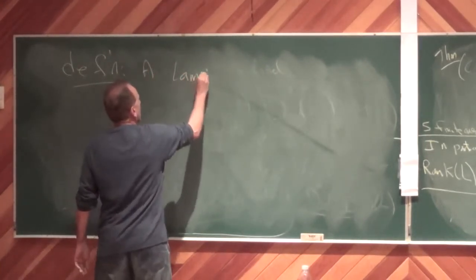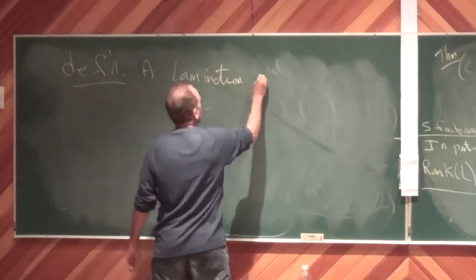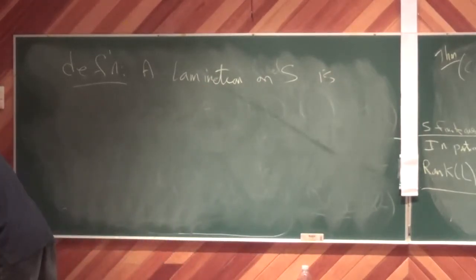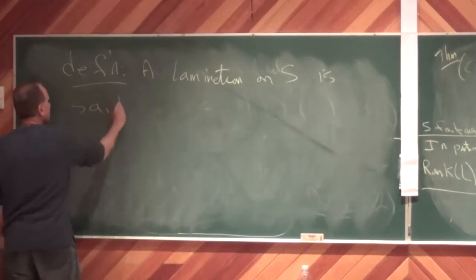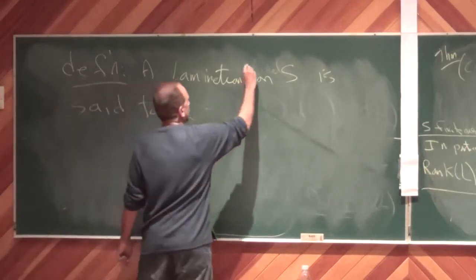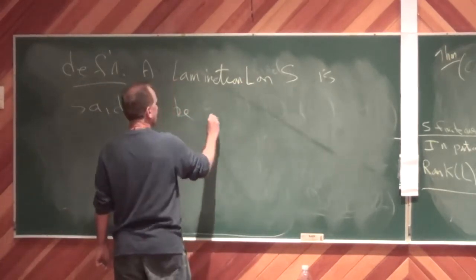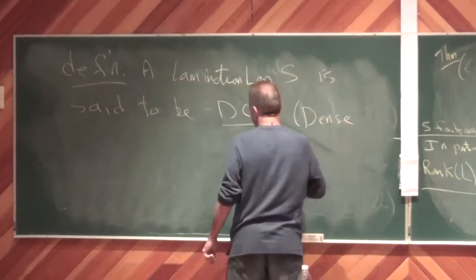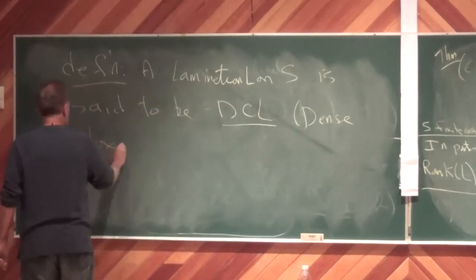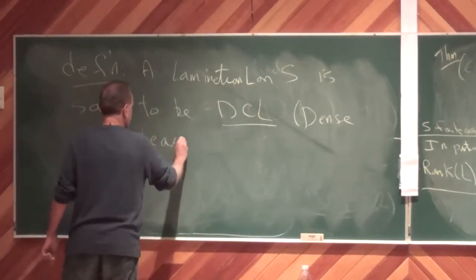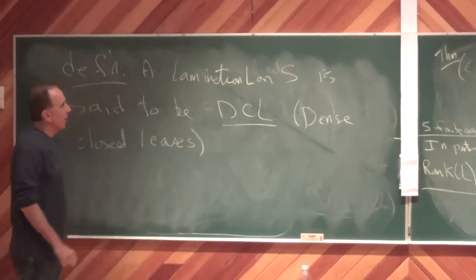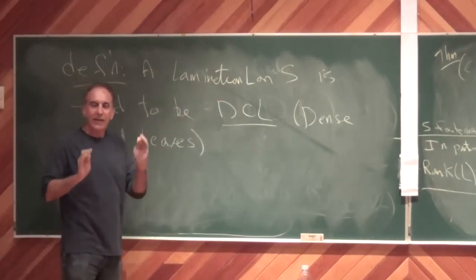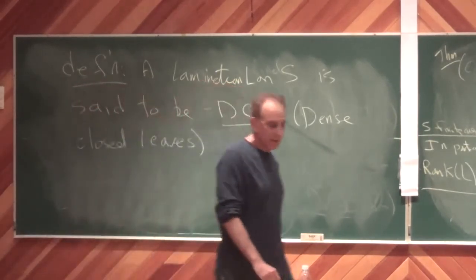A lamination L on S is said to be DCL, which stands for dense closed leaves, if the closed leaves of L are dense in L.